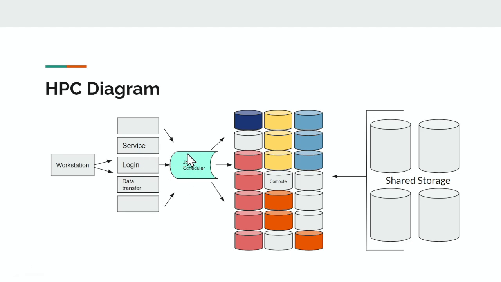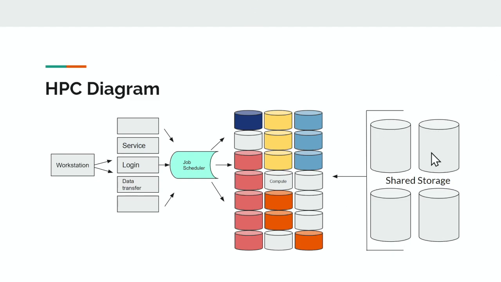So it takes your request for resources, and the job scheduler here will take that request and put it in the queue. It'll try to schedule it, and then it goes to the compute nodes over here. Each of the shades or colors here represents a different job. So as you can see, there's a giant pool of compute resources, just servers, that these jobs can access and then run their program on.